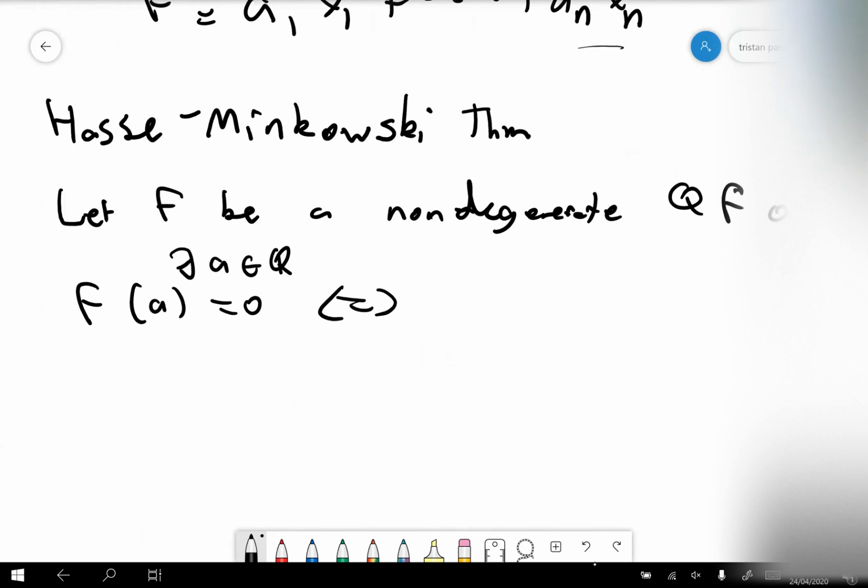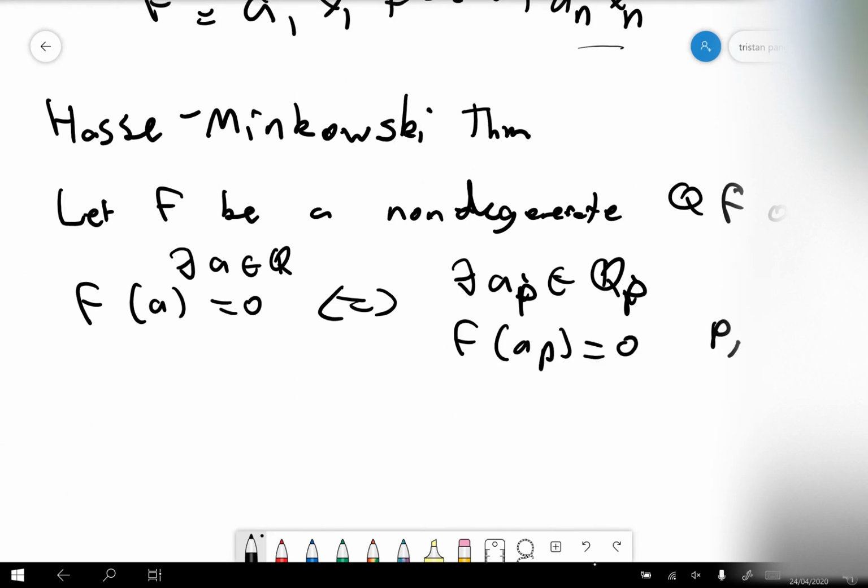So if and only if there exists some a_p inside Q_p such that f of a_p equals 0, where p is prime and p is also infinity.